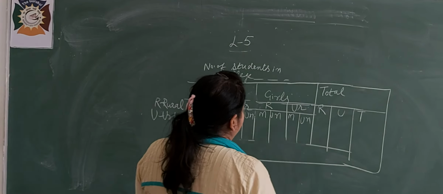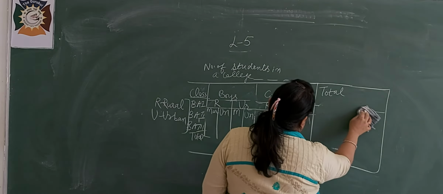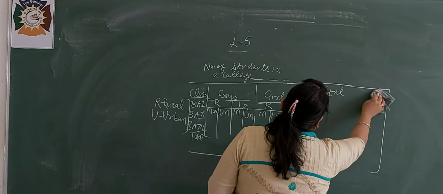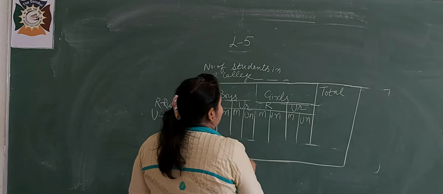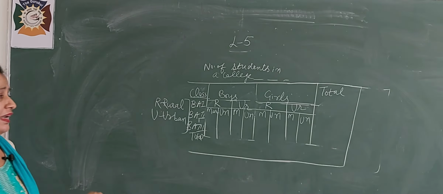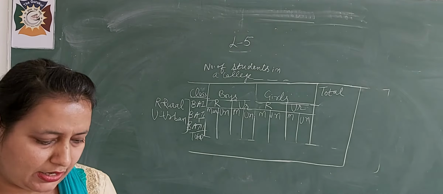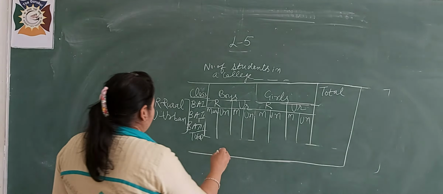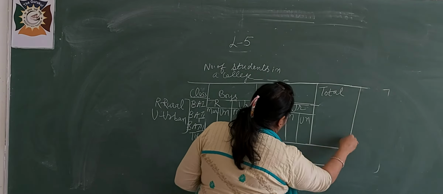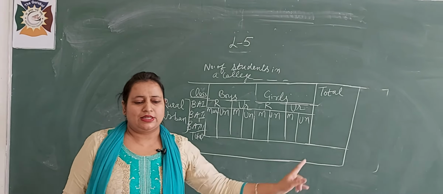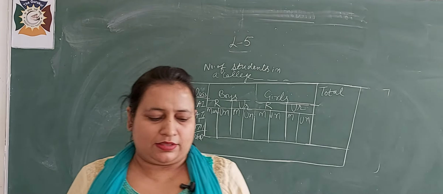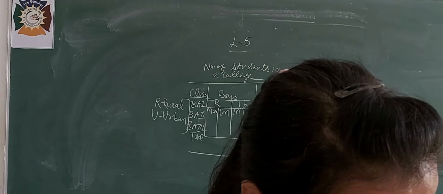We will write only the one total. No need to write it over there, because that will give you the complete information. That is known as the manifold table. But the total you will write over there and this one also. That will be matched. Then your table is an accurate table. These are the kinds of the table.